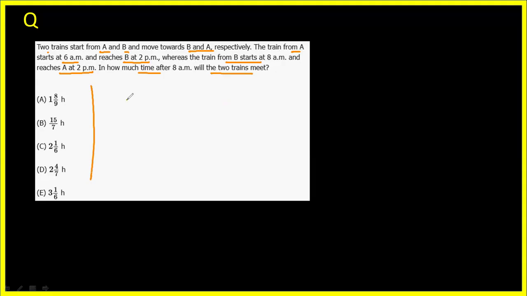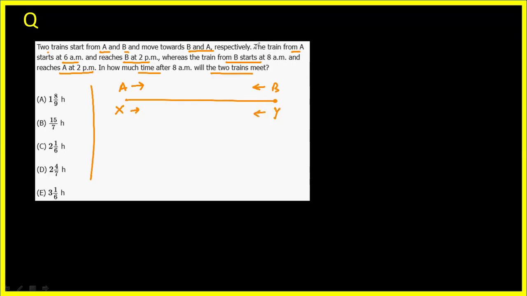If we understand here, there are two places, A and B, and the trains are moving from A to B and B to A. Let's say there is a train X moving from A to B, and a train Y which moves from B to A respectively.